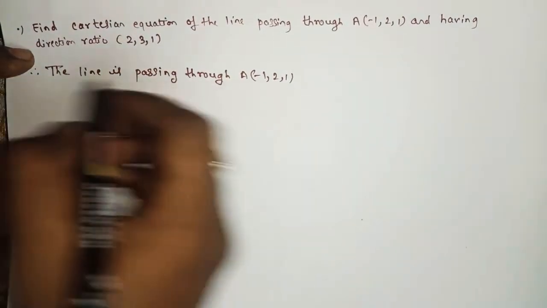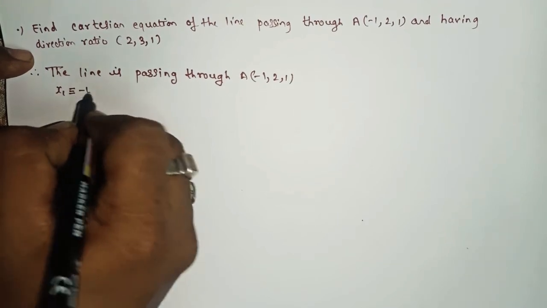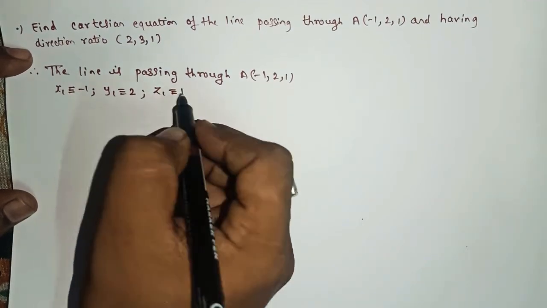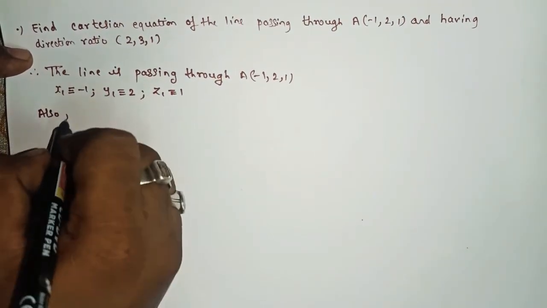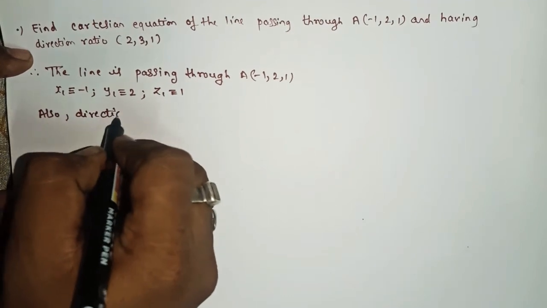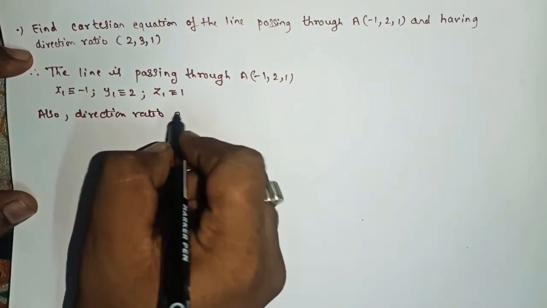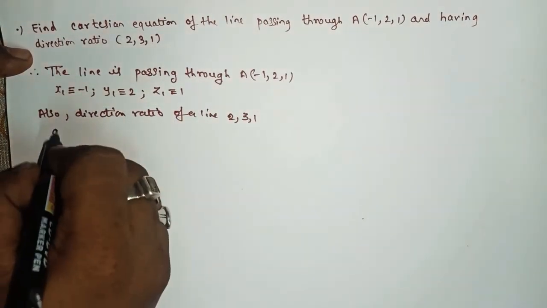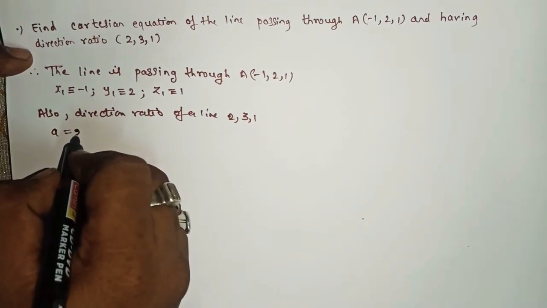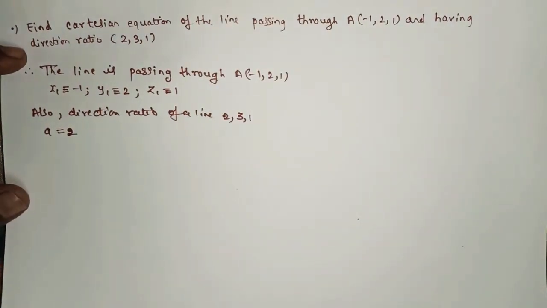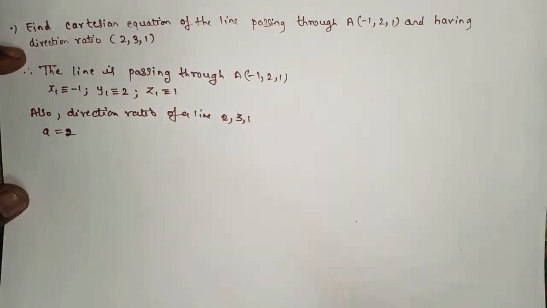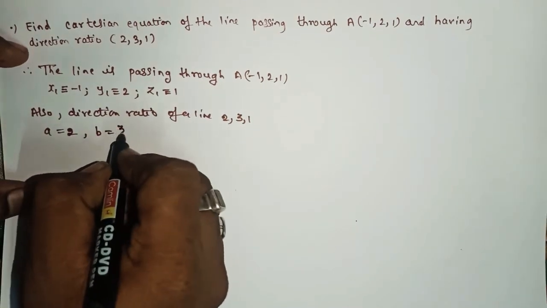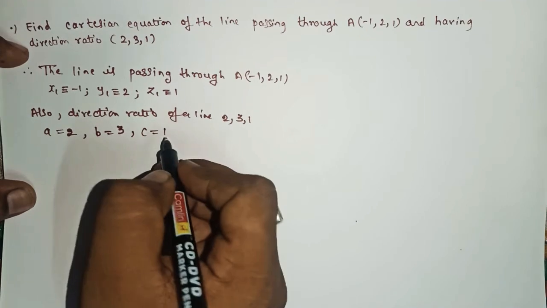So we'll consider this A as x1, y1 and z1, and it also has the direction ratio 2, 3, 1. We'll take the direction ratio as the alphabets a, b and c, as I explained in the previous video. a, b, c are the direction ratios. So your a is 2, b is 3 and c is 1.